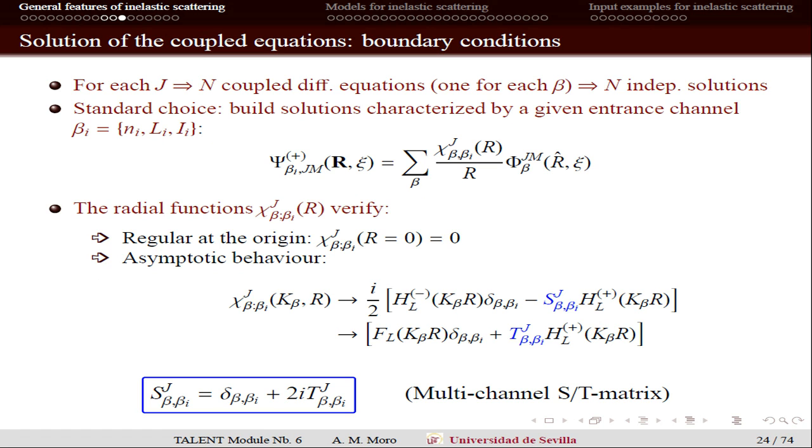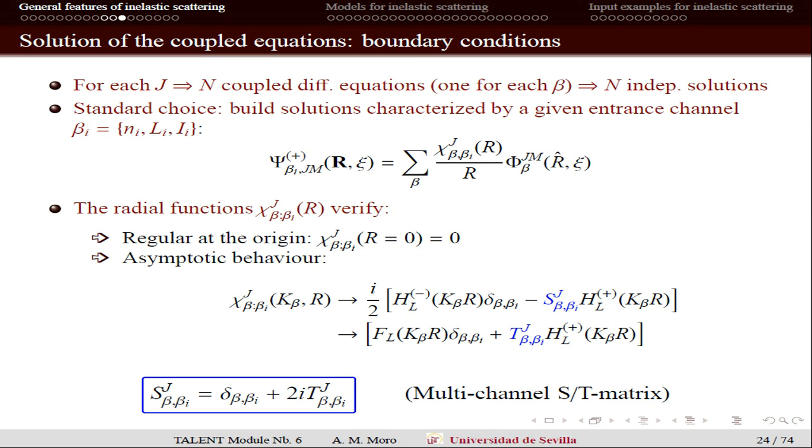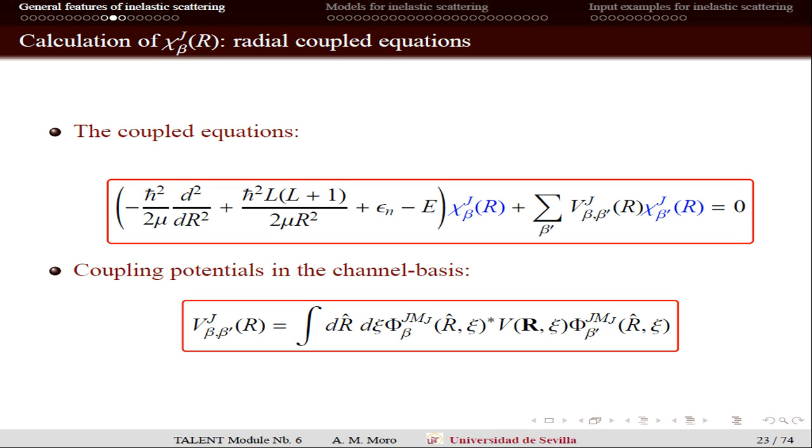So remember this equation depends on total J, but for each total J we have n coupled differential equations, because we have n possible values of beta. So for this total J we have n independent solutions of this equation.